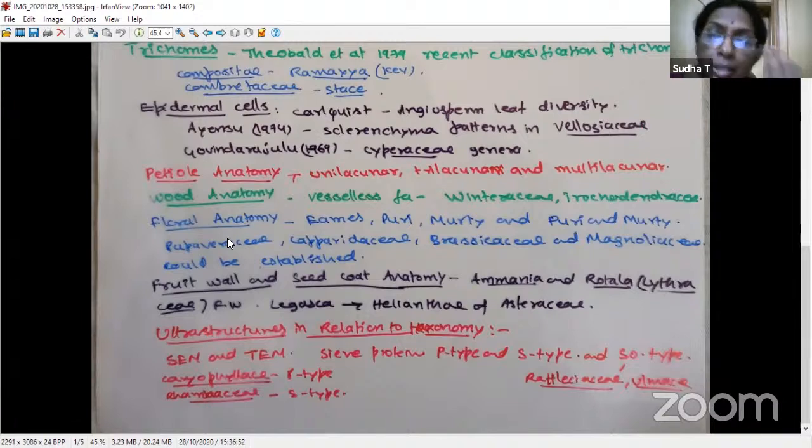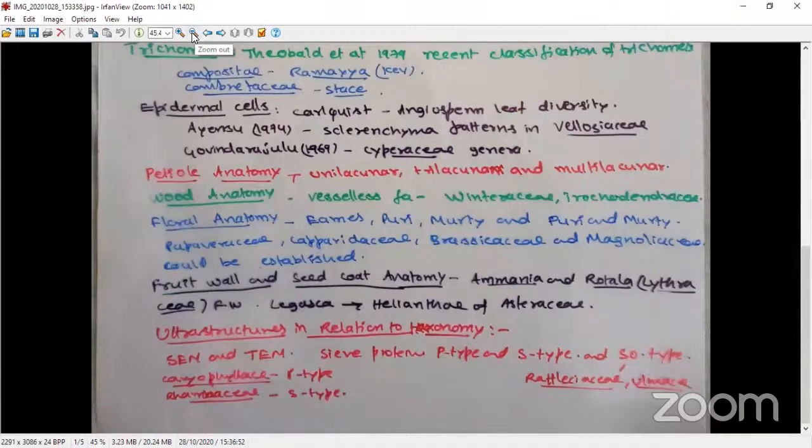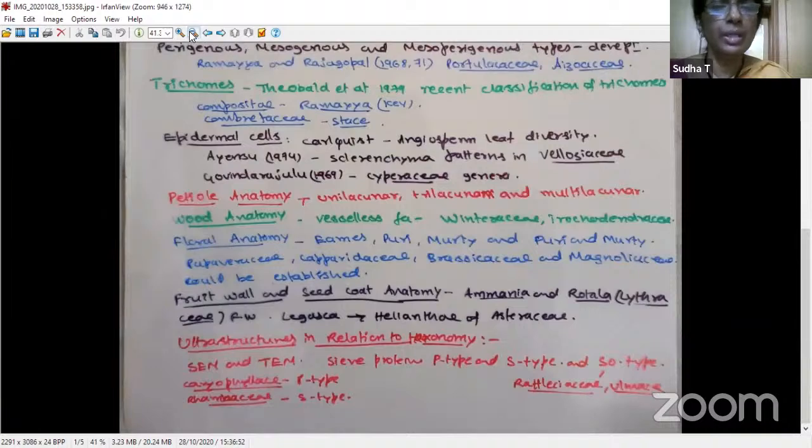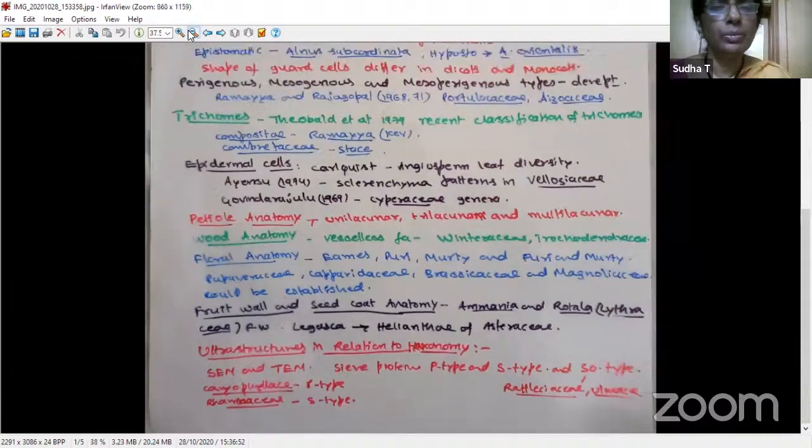Naturally, each part of the flower, the calyx, corolla, androecium and gynoecium, will have a vascular supply, so floral anatomy is more complex. It helps to understand the floral morphology in Papaver, Capparidae and others. These scientists studied the floral anatomy of these families, which helps in understanding whether they are advanced or primitive.